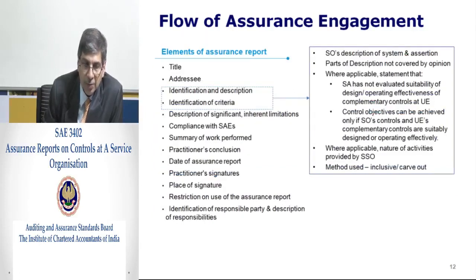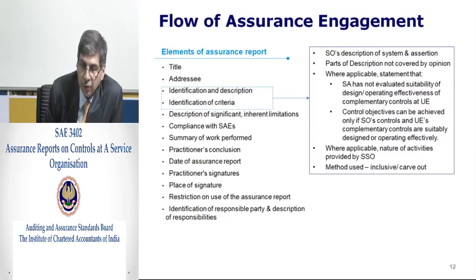What are the various elements of the assurance report? While we will not get into all of them, I think the critical ones are identification and description of the system, identification of the criteria, description of the significant inherent limitations, work performed, and compliance with standards on assurance engagements.